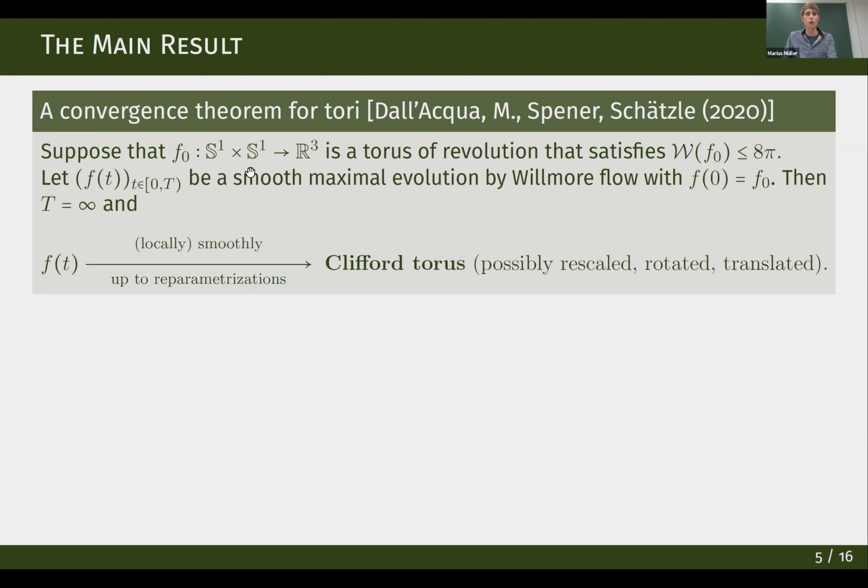What we proved is that if we start the flow with a torus of revolution of Willmore energy less than or equal to 8 pi, then this Willmore evolution exists for all times and converges in a sense which I won't really go into, but just note that it's up to reparameterizations.